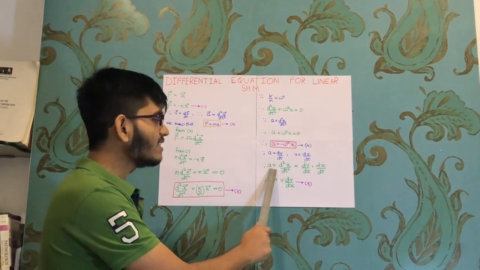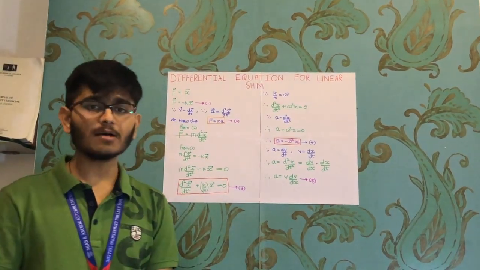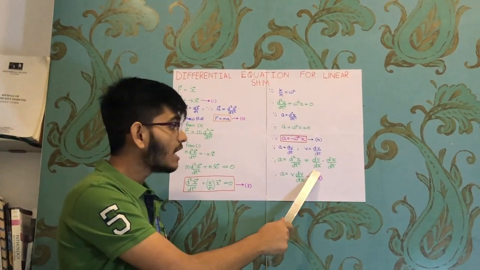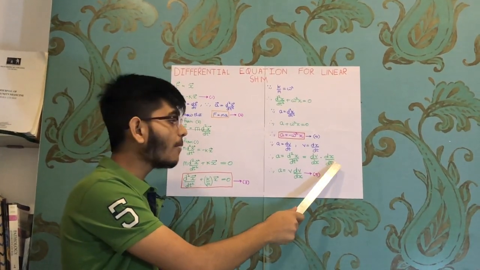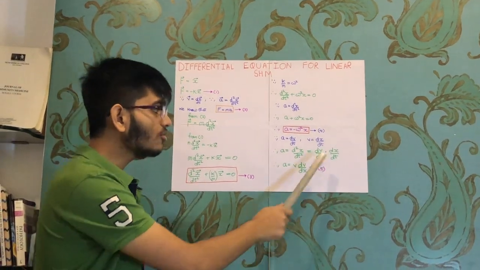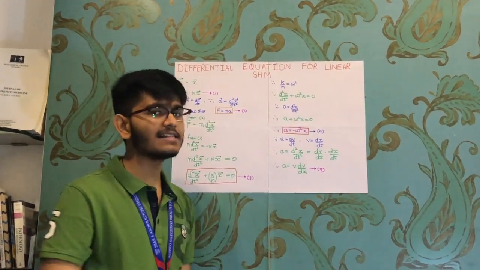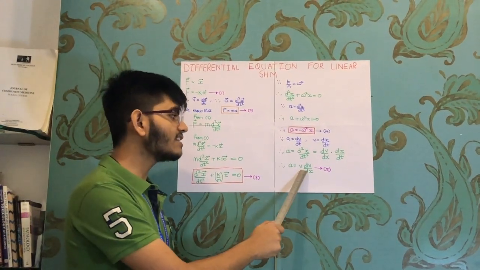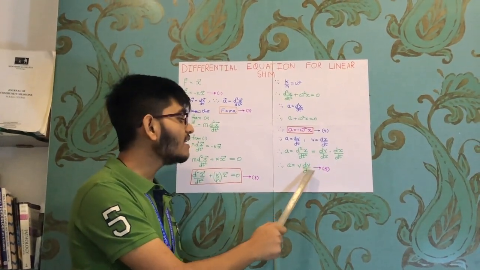So acceleration is equal to d square x upon dt square, which is equal to dv upon dx into dx upon dt, and we know that dx upon dt is nothing but velocity. So we can say that acceleration is equal to v dv by dx.